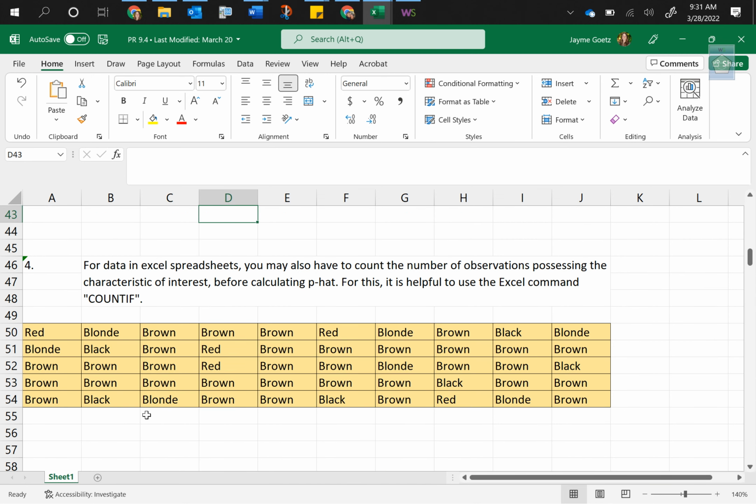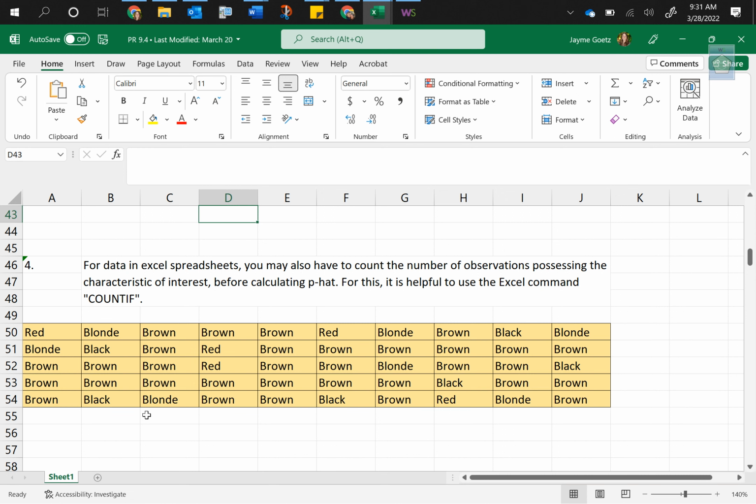On number 4, we're going to learn something new. Okay, this new thing is literally not the point of this lesson. It's to help you in the future. So it says, for data in Excel spreadsheets, you may also have to count the number of observations possessing the characteristic of interest before calculating your P hat. So it might not be like there's 38 out of 120.